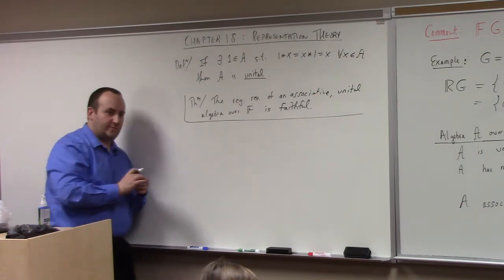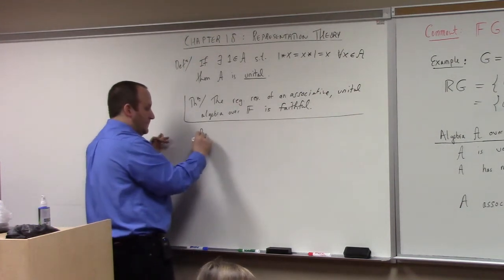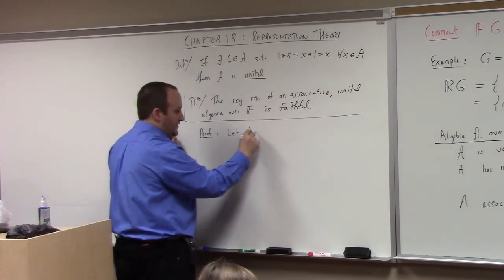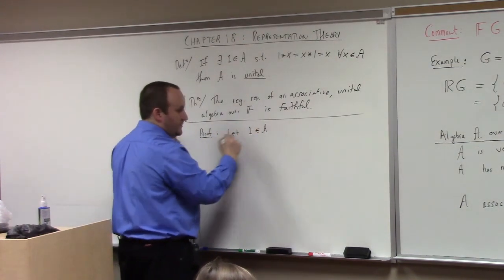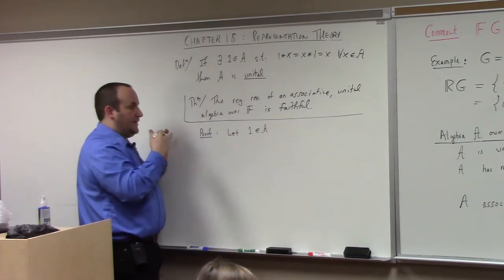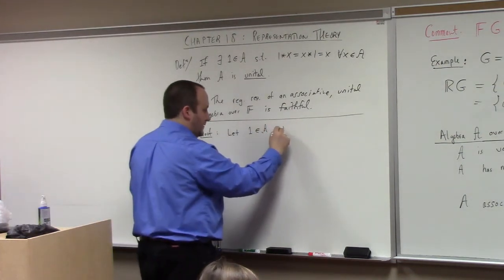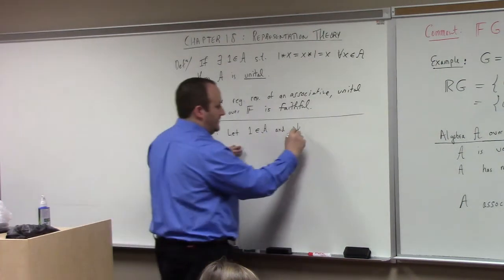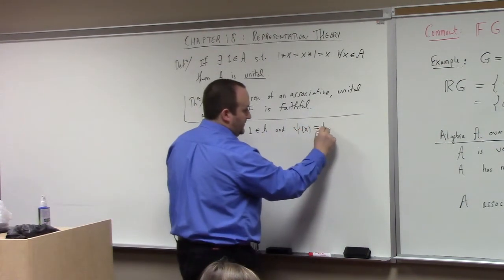Okay, so let's see if we can prove it. So let 1 be your unity in your associative algebra A, right? And our representation psi, psi of x is what? It's equal to L of x, right?